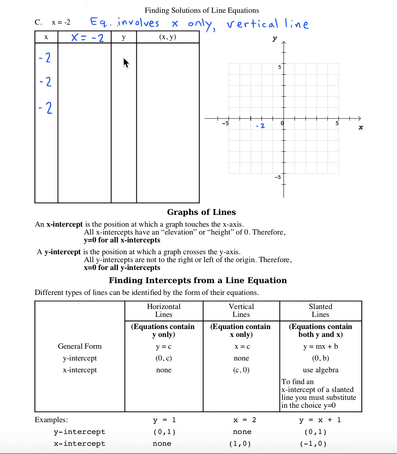So when it comes to the y, we can pick anything. We can pick 0, -3, and 4. It's whatever. So (-2, 0), (-2, -3), and (-2, 4).